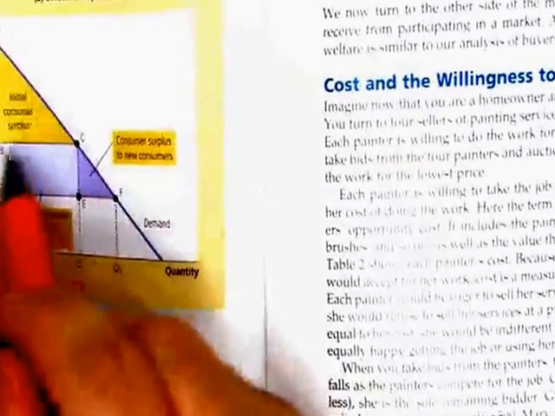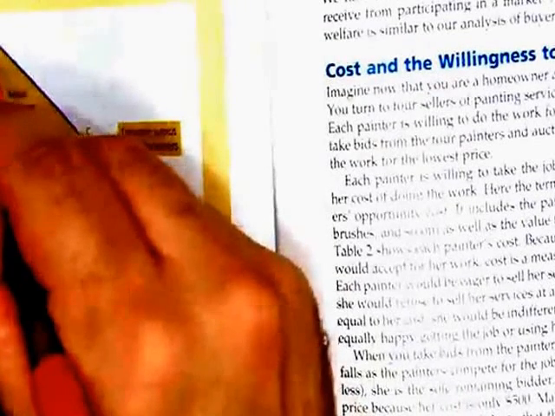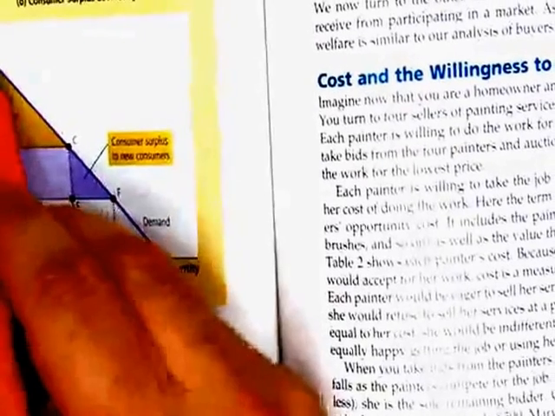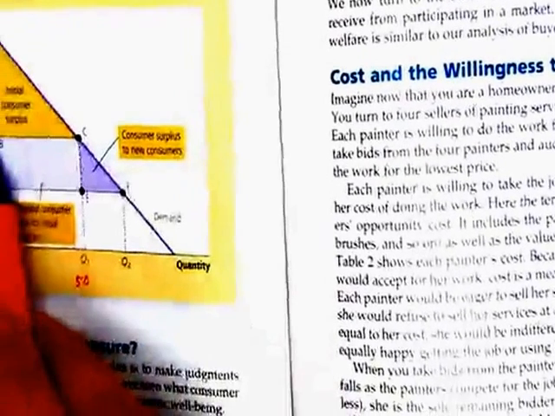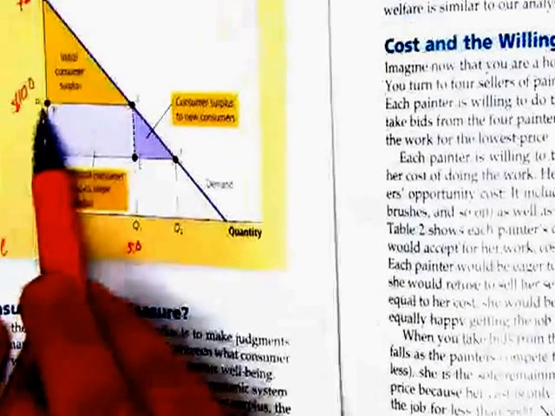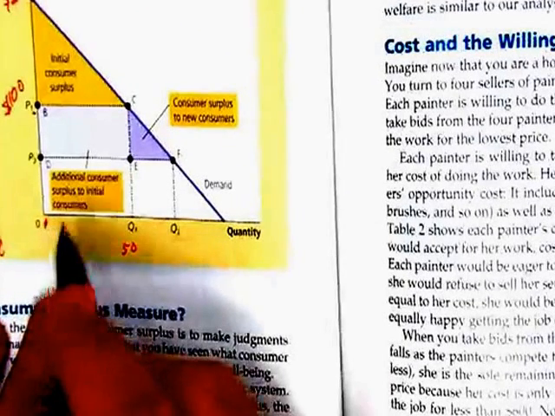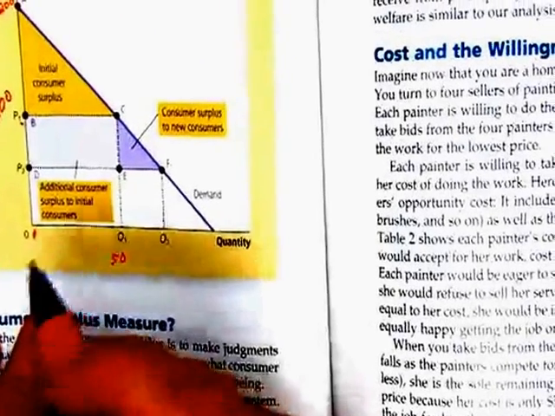Now, go up here to A, let's say A is $200. So what that's saying is there's one person up here willing to pay $200 for this product, even though the price is $100. So that one person has a surplus of 200 minus 100, which is $100.